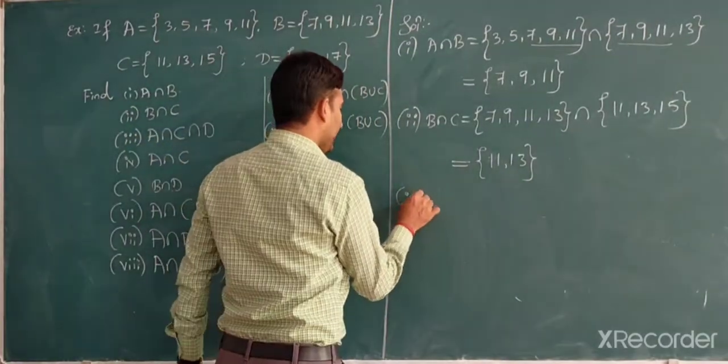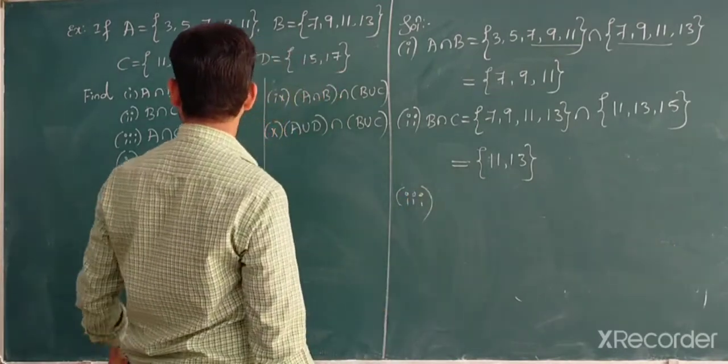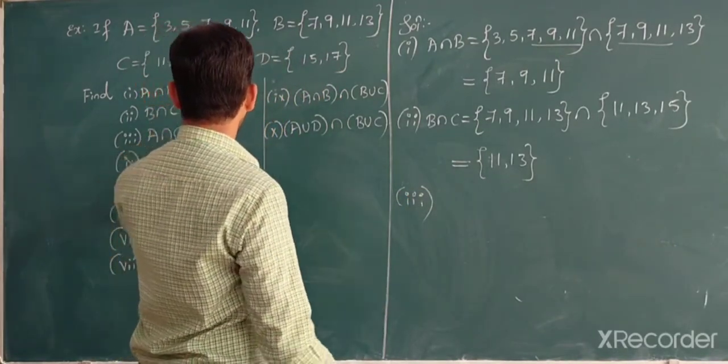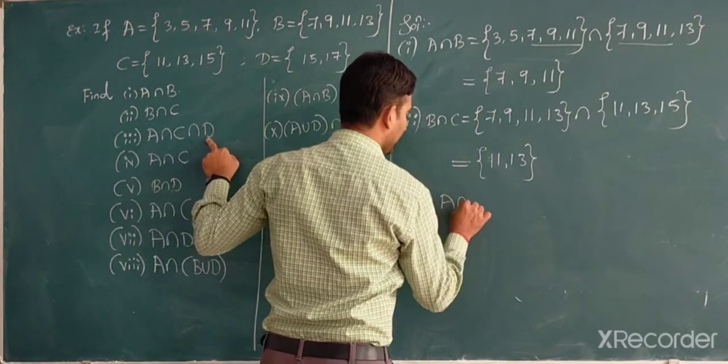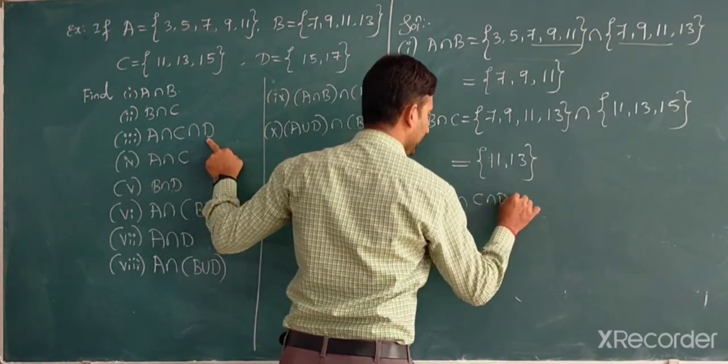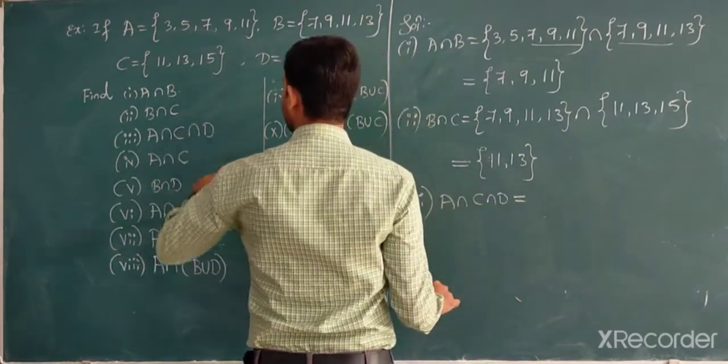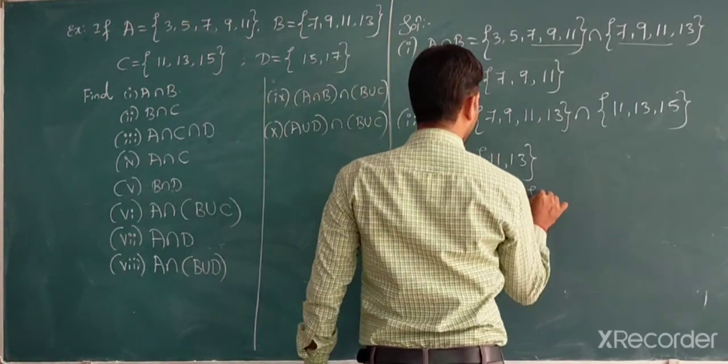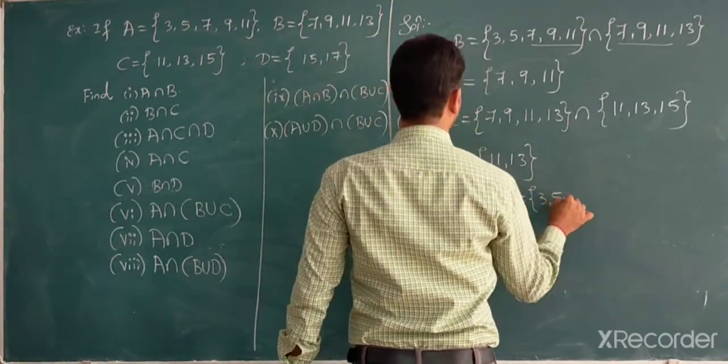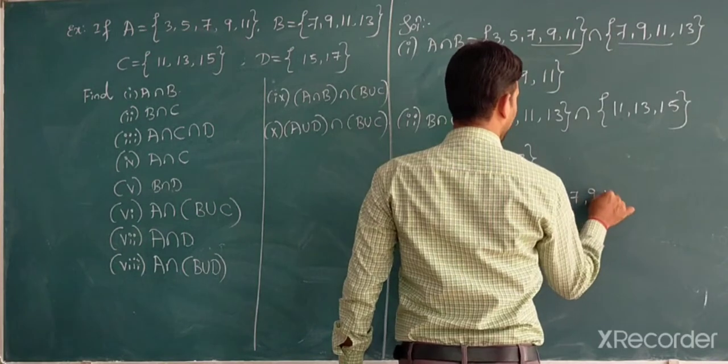After that, I will take the third question, A intersection C intersection D. A intersection C intersection D is equal to, what is the value of A? A is nothing but {3, 5, 7, 9, 11}.